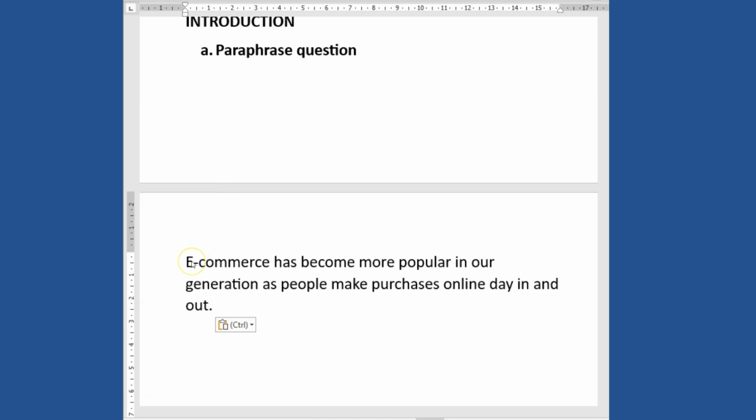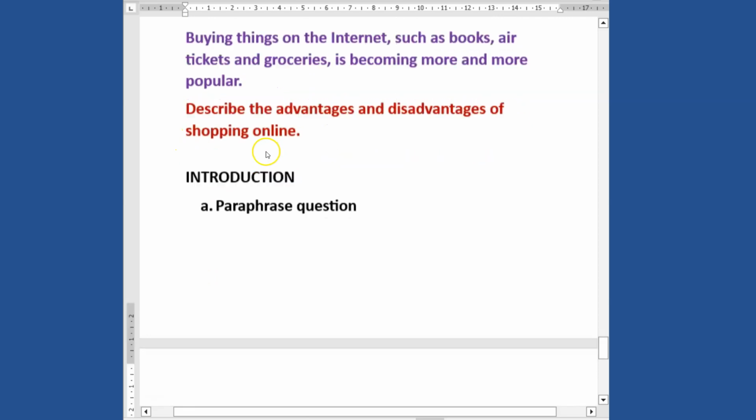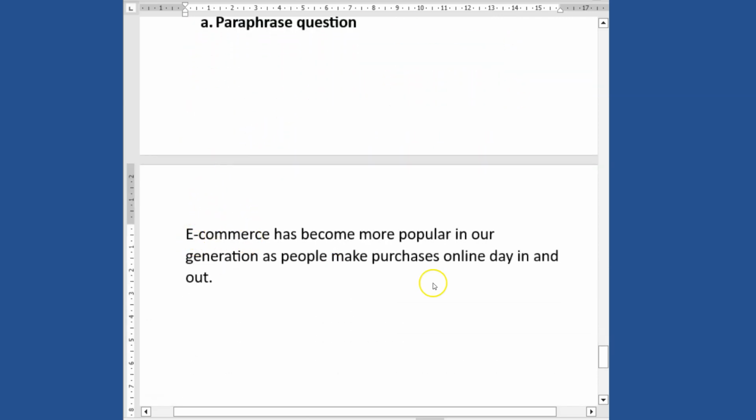We write in our own words: as e-commerce has become more and more popular in our generation, as people make purchases online day in and day out. You can see here the question says buying things on the internet; we use the words e-commerce, purchasing online. You just have to rewrite them in your own words. That's how you go about the paraphrased question.